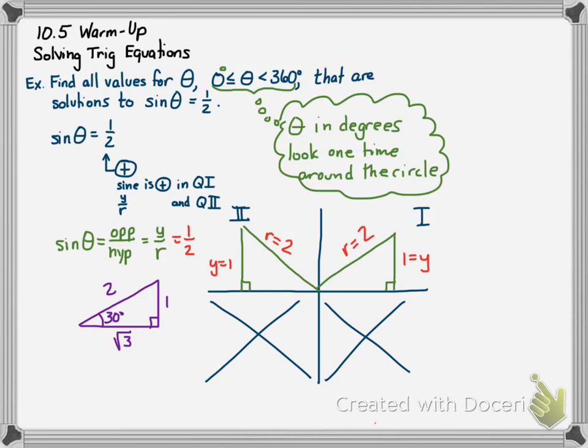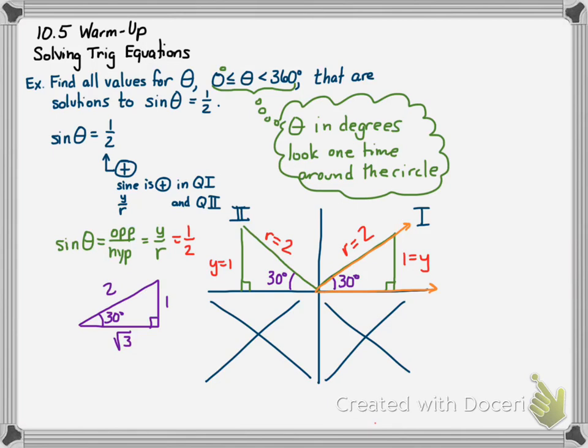So in my picture, in quadrant 1, I have a triangle whose reference angle is 30 degrees, and in quadrant 2, I have a triangle whose reference angle is 30 degrees. Okay, so we are almost done now. The last thing to think about is that now that I know what the reference angles are, the actual angles we're talking about start on the x-axis and end either in quadrant 1 or in quadrant 2.